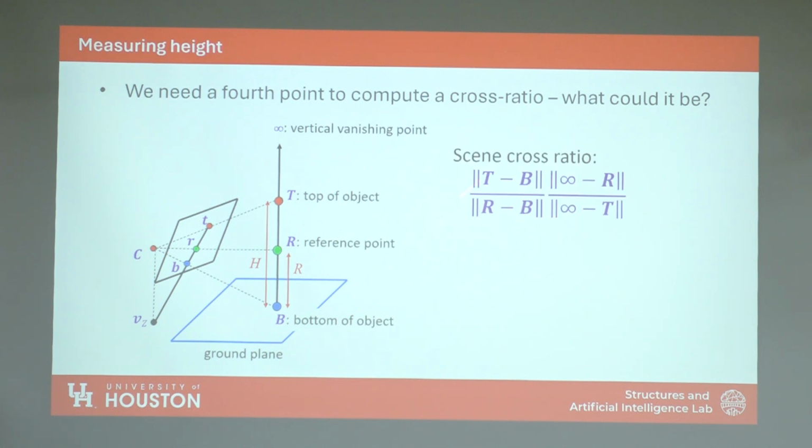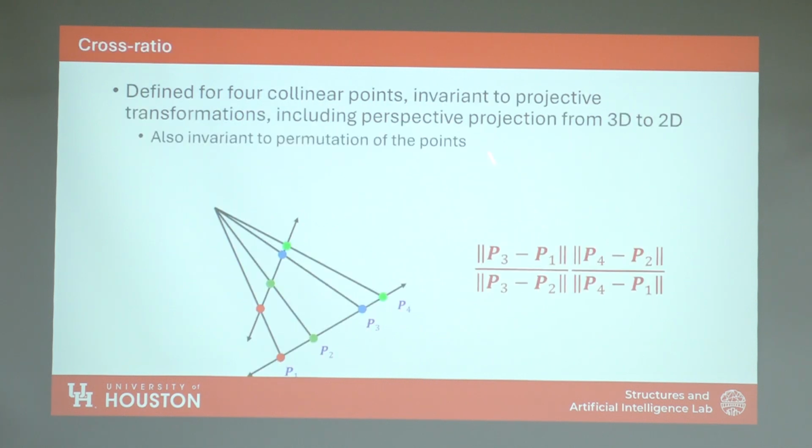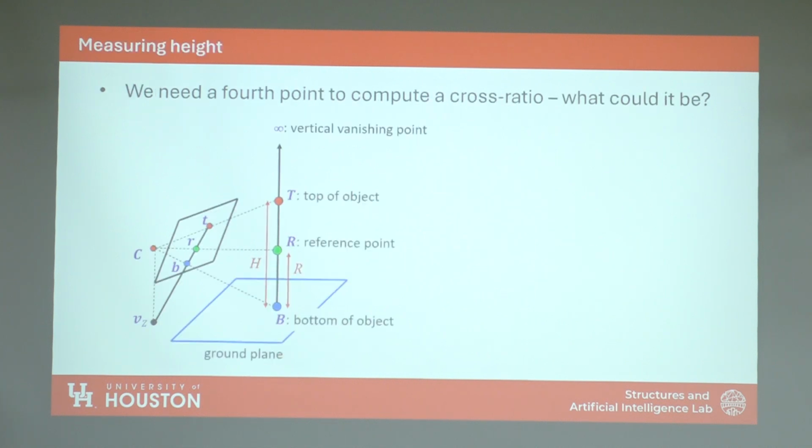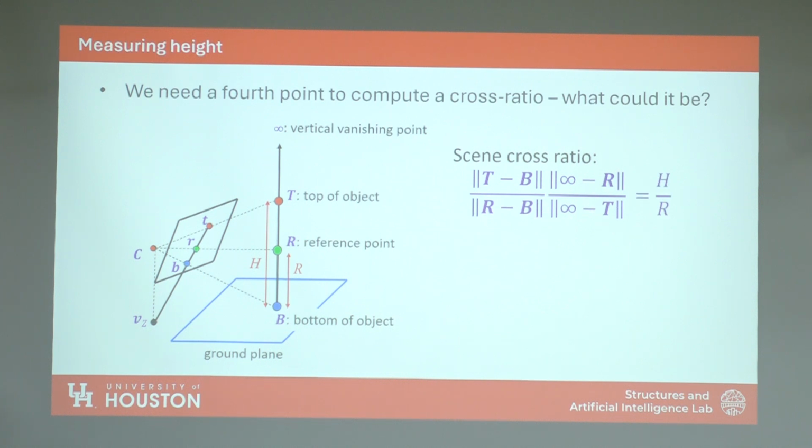So in the scene, what is the invariant? We have t minus b times infinity minus r, right? If you look here, it's p3 minus p1 times p4 minus p2. So I have t minus b times infinity minus r, over r minus b times infinity minus t. And that is h by r.